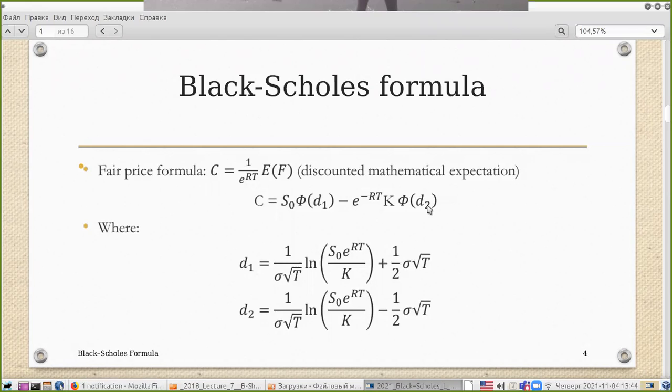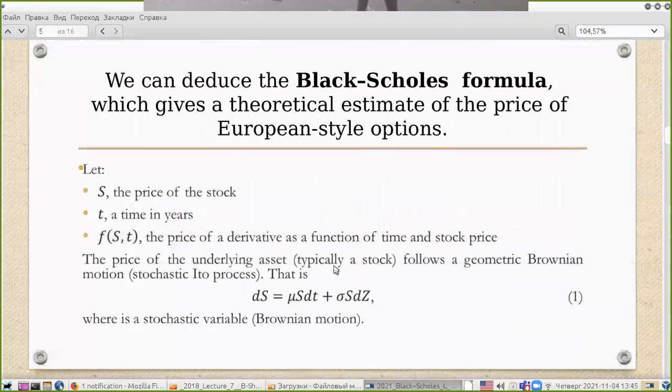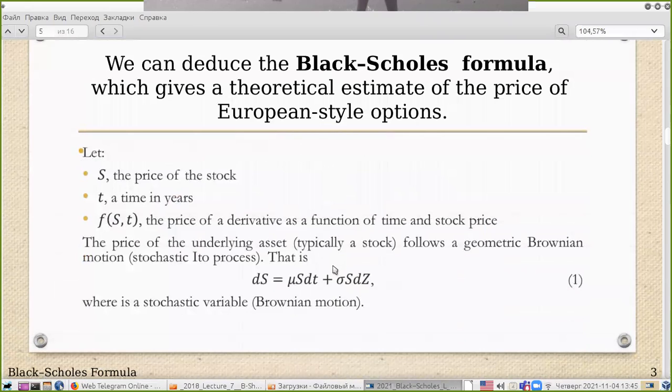So we know this formula, but it was obtained after the Black-Scholes theory as an easier variant of obtaining this formula. But today we would like to derive the Black-Scholes equation and the Black-Scholes formula as Black and Scholes did.